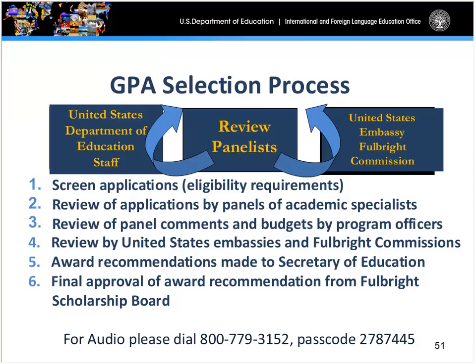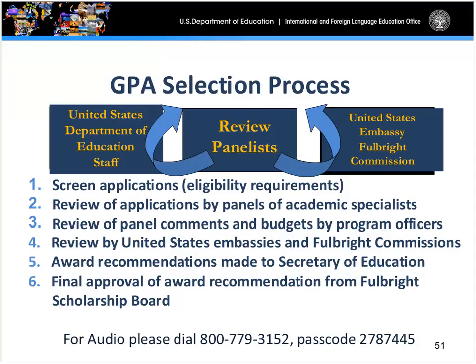So the first thing that happens is that you submit the application, obviously, and then the applications are screened. Of course, we look at the eligibility, that being going to the right location. The panel of experts will review the application and make comments on it.